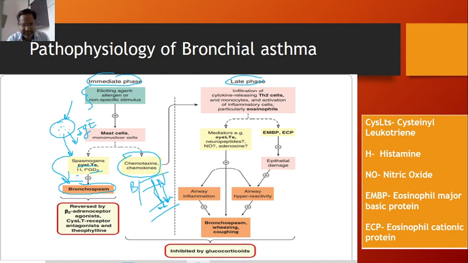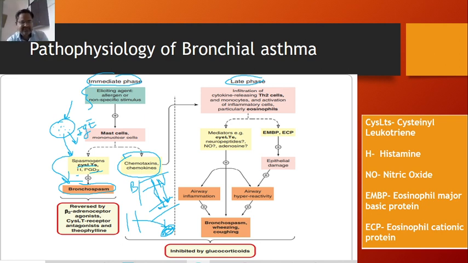So simply, this is the blood vessel, and if there is inflammation in the bronchial muscles or the bronchi in the lungs, your neutrophil migrates toward that particular site. So this is called the immediate phase.